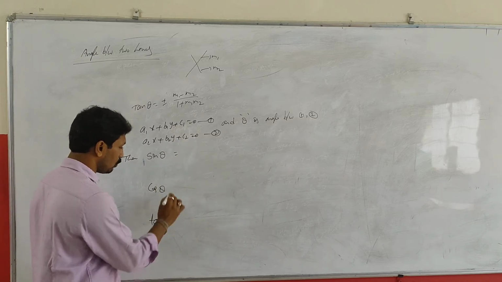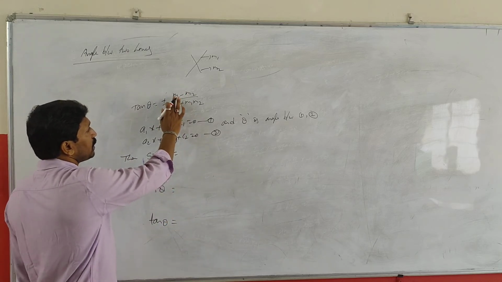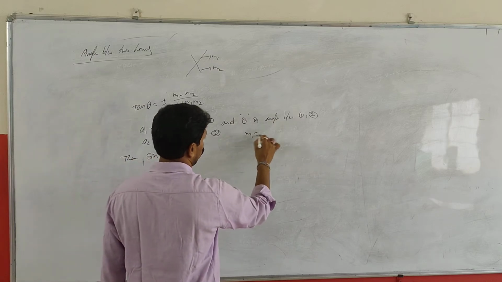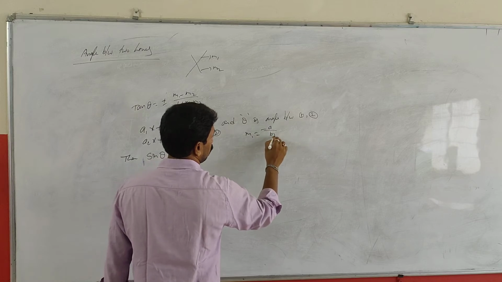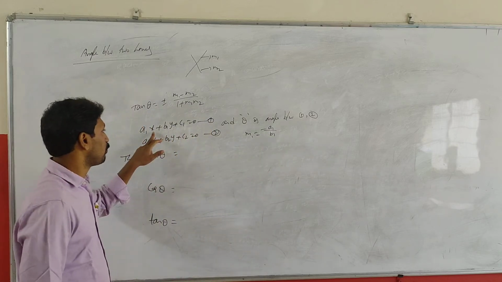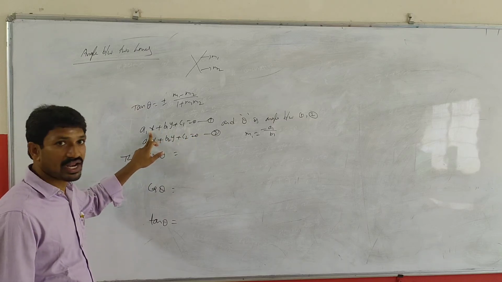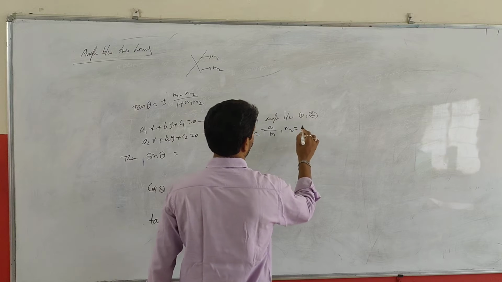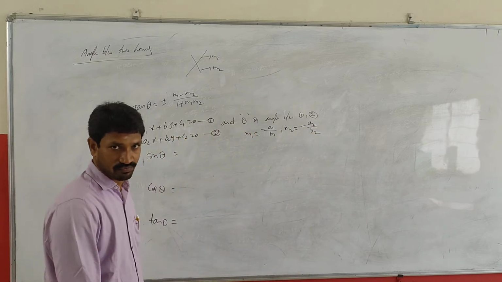Actually, m1 is the slope of the first line, which is nothing but −a1/b1. That means the slope of any line in the form a1x + b1y + c1 = 0 is minus coefficient of x by coefficient of y. Similarly m2 is minus coefficient of x by coefficient of y of the second equation.